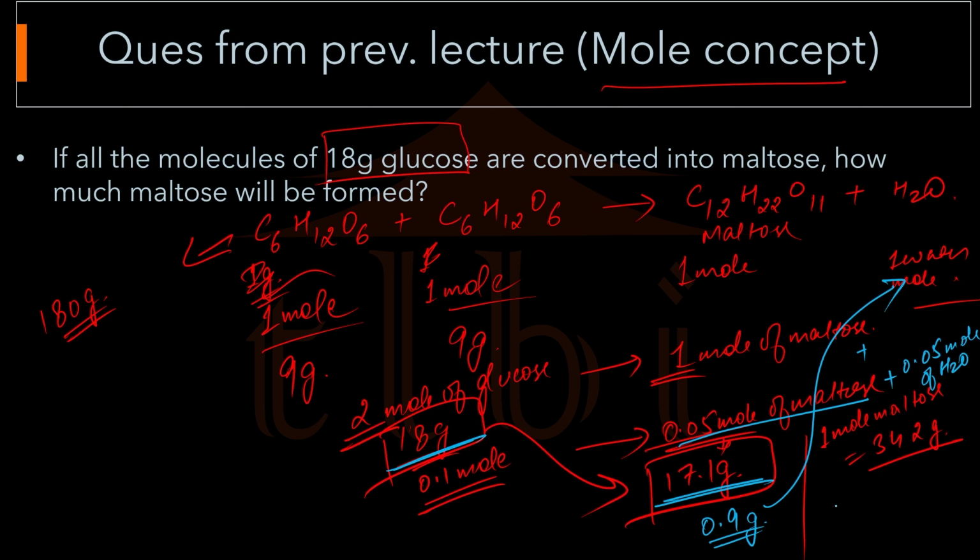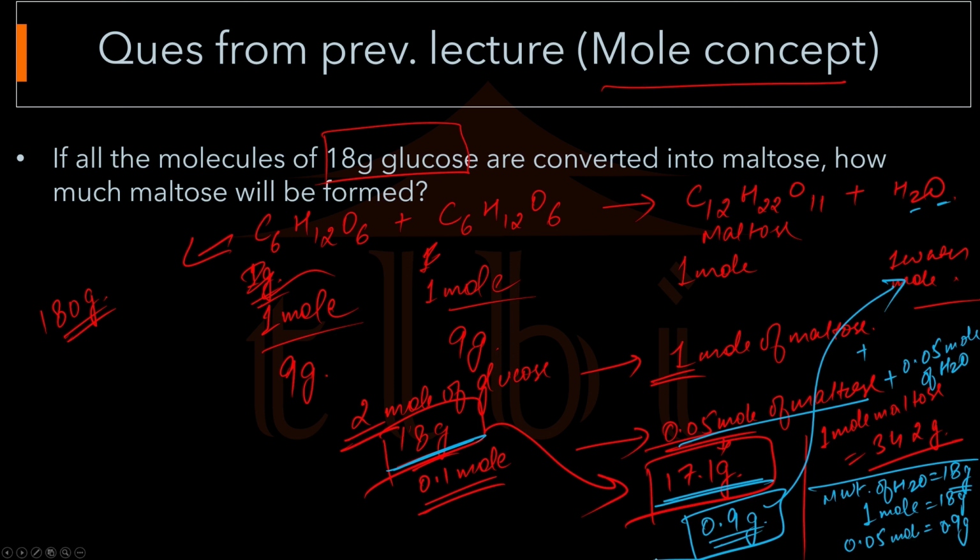Water has a molecular weight of 2 plus 16, that is 18 grams. So 1 mole is equivalent to 18 grams, then 0.05 mole will be 0.9 grams. That is what the weight difference was.